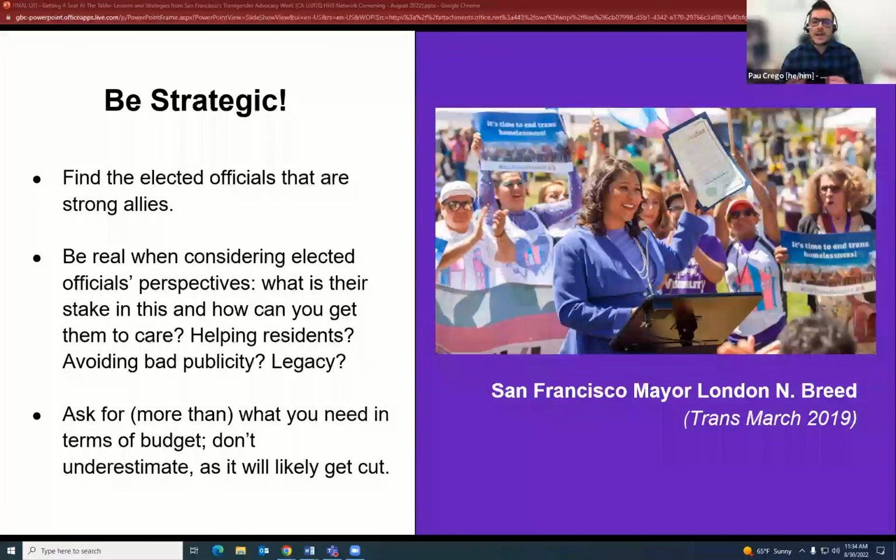And then the last thing that's really important when negotiating budget, and this is the case in a lot of different settings, but in this case as well, is ask for more than what you need in terms of budget. Do not underestimate, always overestimate, or at the very least, determine what it is that you would need without making any cuts or just having the basics, because it will get cut, right?